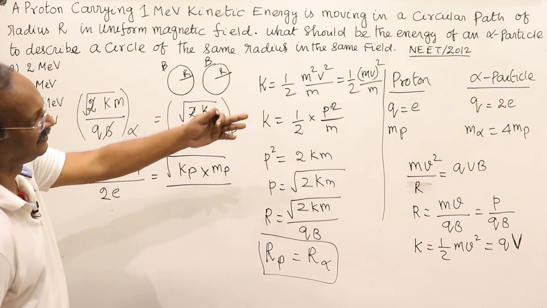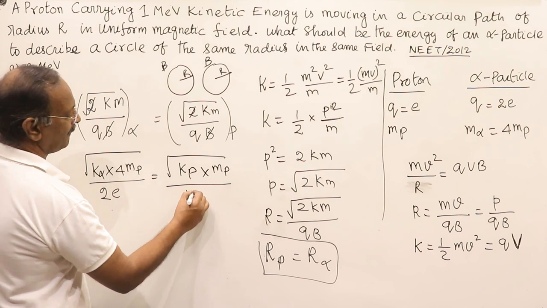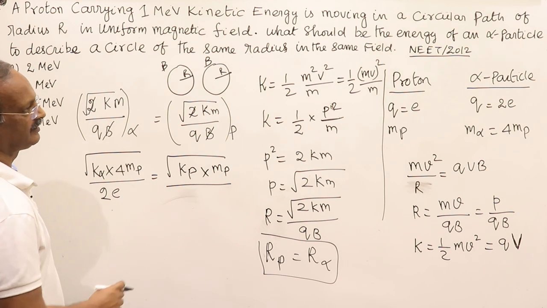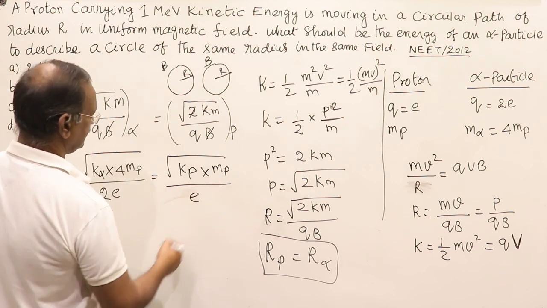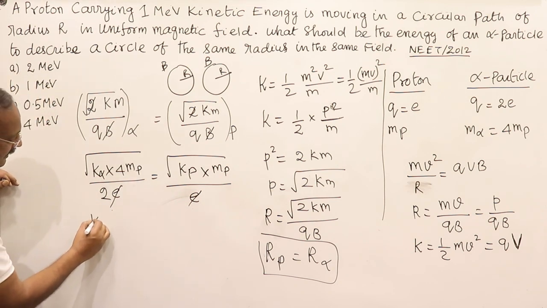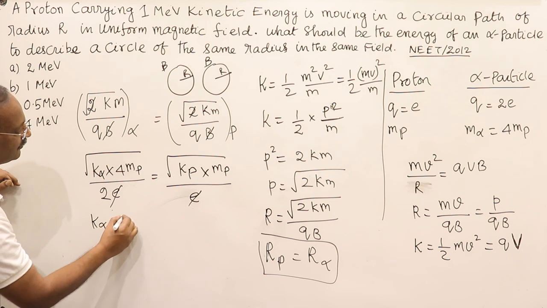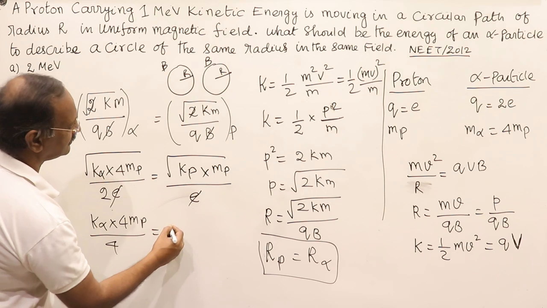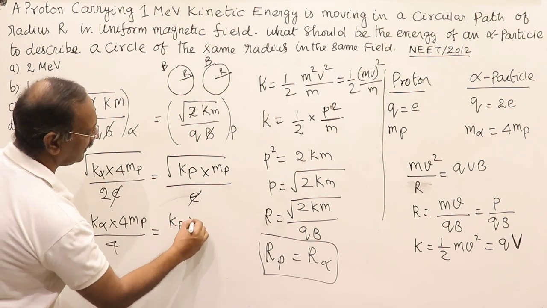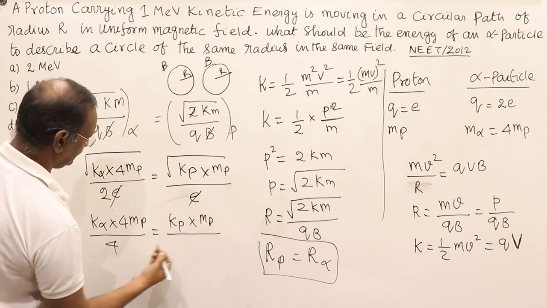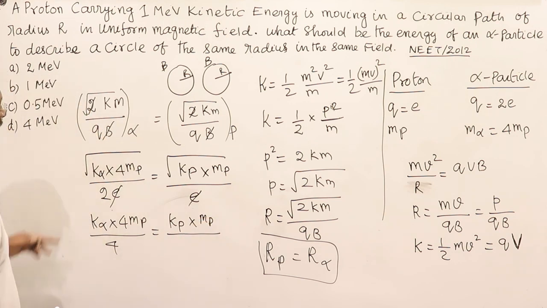For the proton particle it is mp, and the charge of proton is equal to e. So we can cancel and, squaring both the sides, K of alpha into 4 mp divided by 4 is equal to K of proton into mp divided by, on squaring, this will become 4.